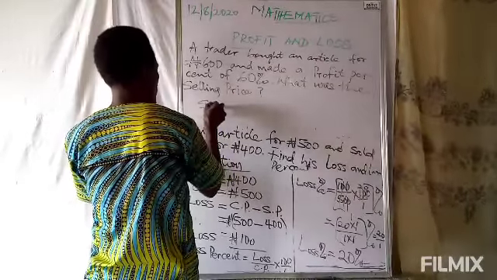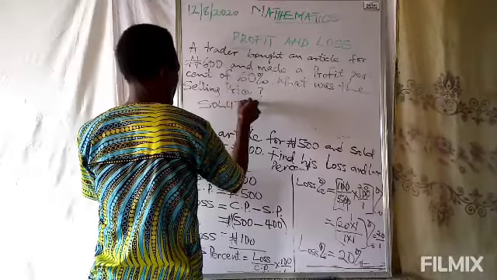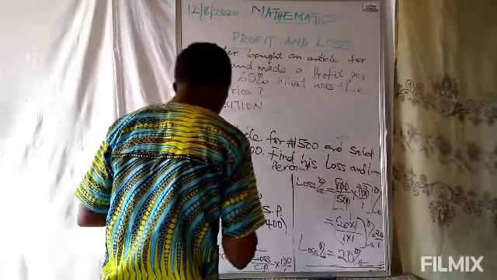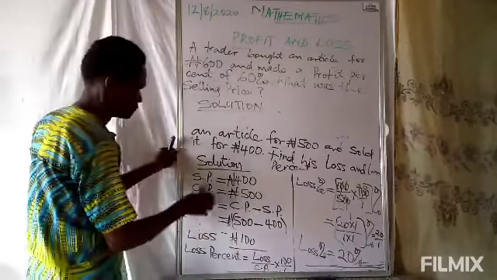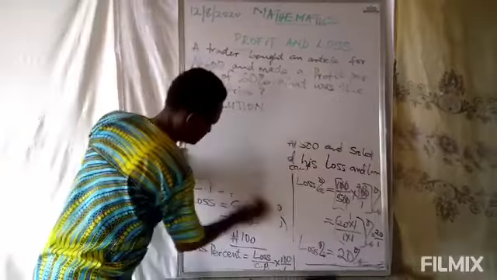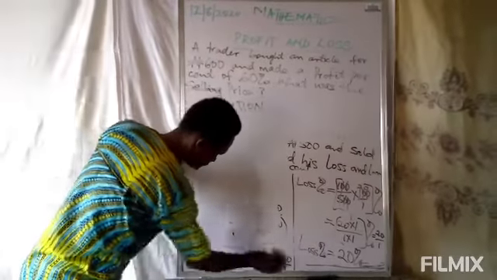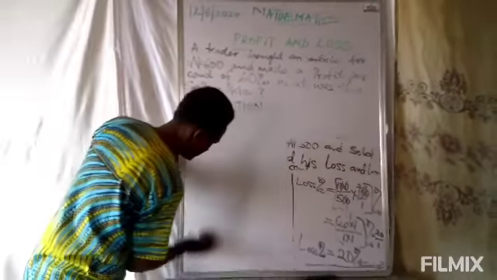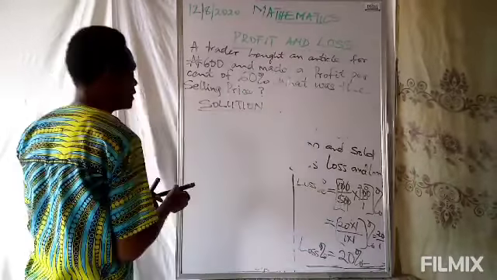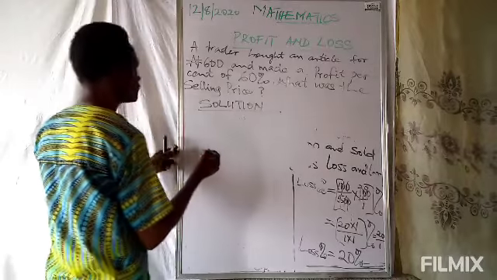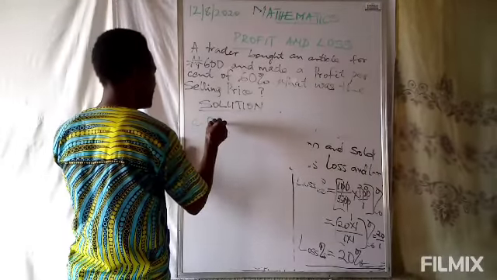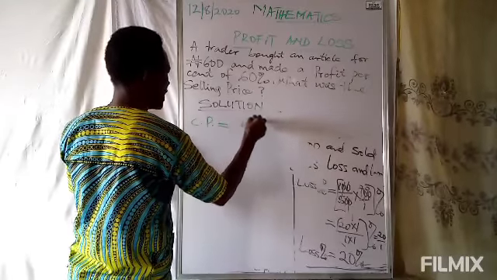Now, solution. Here we have CP is equal to 600 naira.